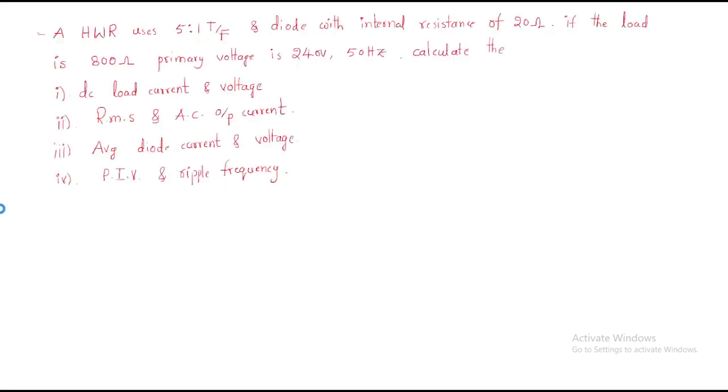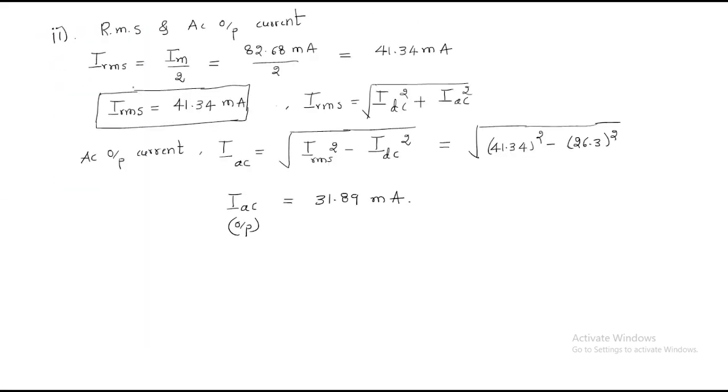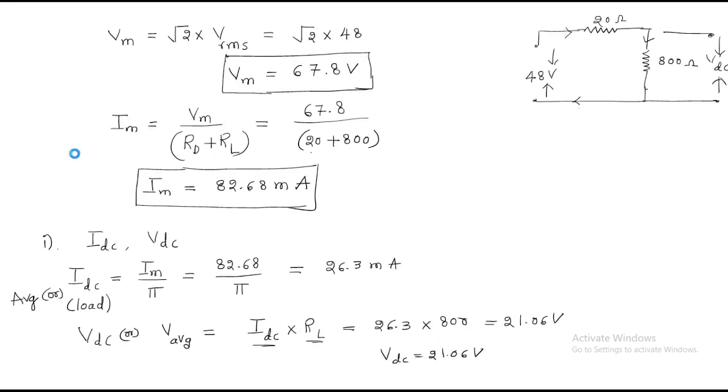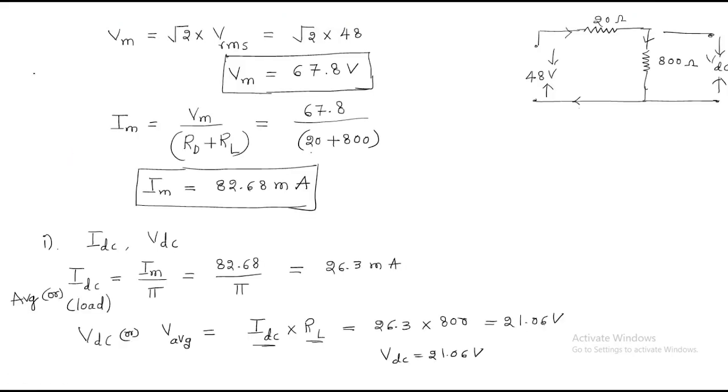Next is peak inverse voltage and ripple frequency. The last points are the peak inverse voltage, and the average diode current and voltage. The average diode current is nothing but simply the load current.